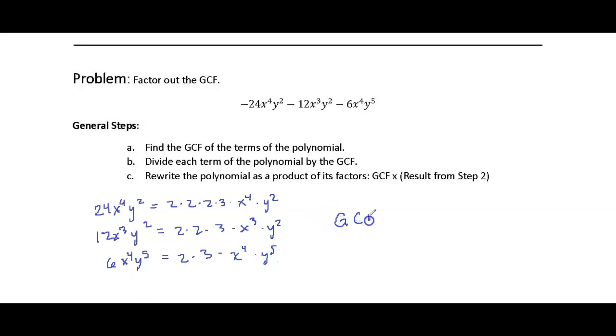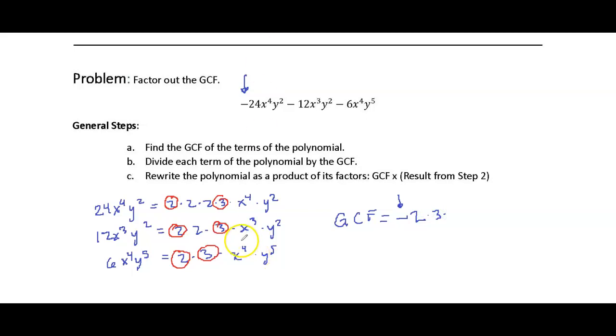Now, generally, the GCF is positive, though when our leading coefficient is negative, the GCF will be negative. Now let's go ahead and find our common factors. We've got at least 1, 2 in each term, and it looks like at least 1, 3 in each term. So far we've got 2 times 3.